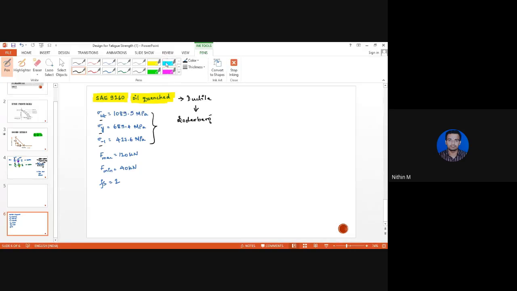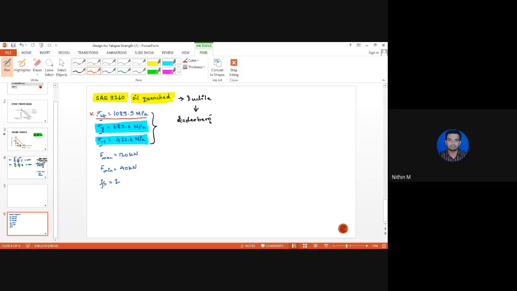So what is important here? The material properties of significance are the yield strength and the endurance limit of the material. So I mean to say, the ultimate strength of the material is not required now. Why? Because the material is ductile.